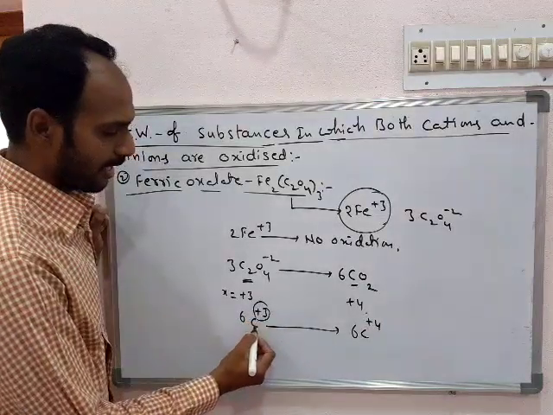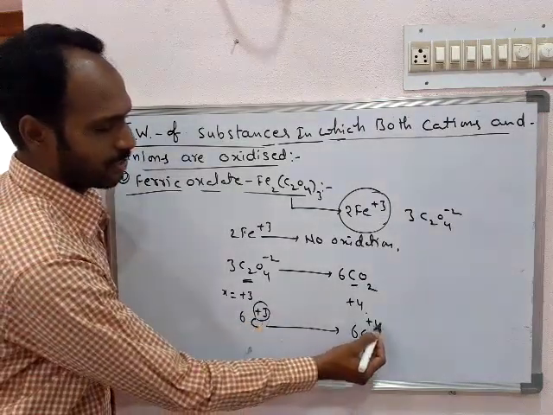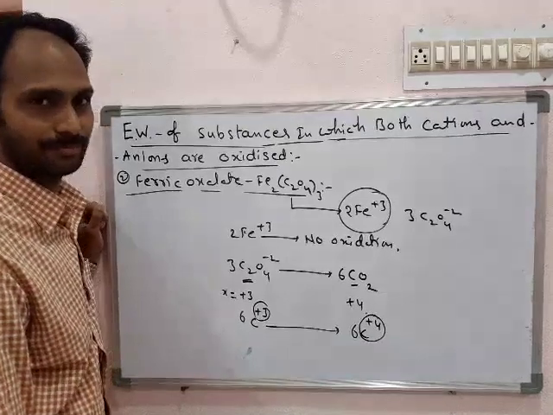Means every +3 carbon is converted to +4 carbon.